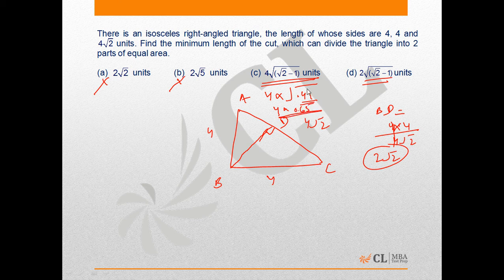So the approximate value of the third option is around 2.6, and if we look at option D, it is around 1.3.